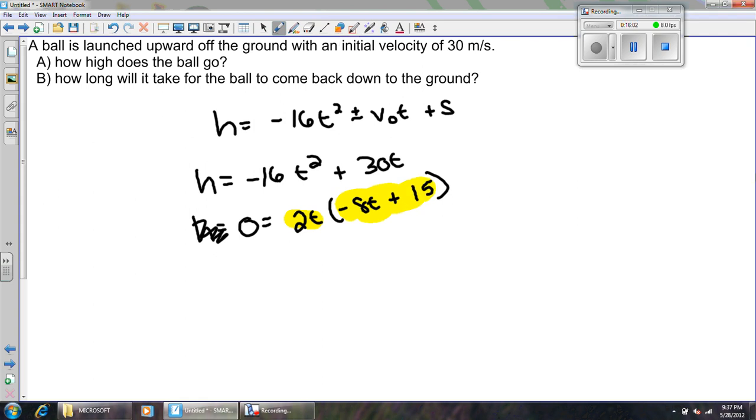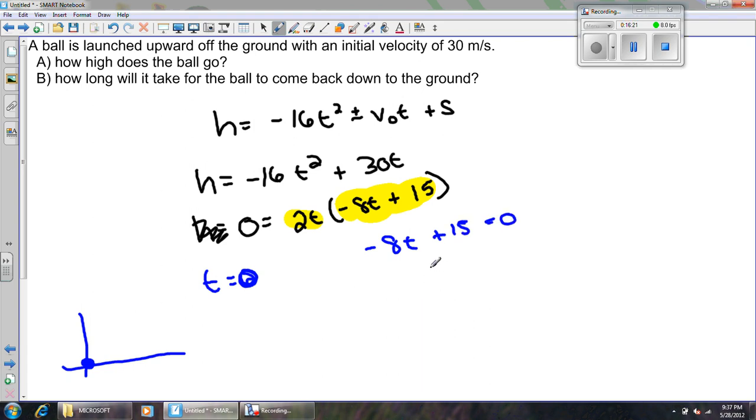So the first part is easy. I'm going to get t equals 0. That's where the ball starts on the ground. Now I have to do negative 8t plus 15 equals 0.